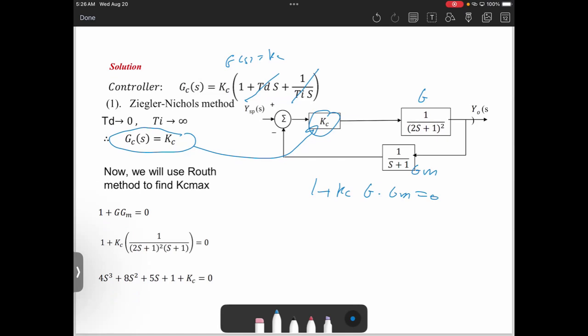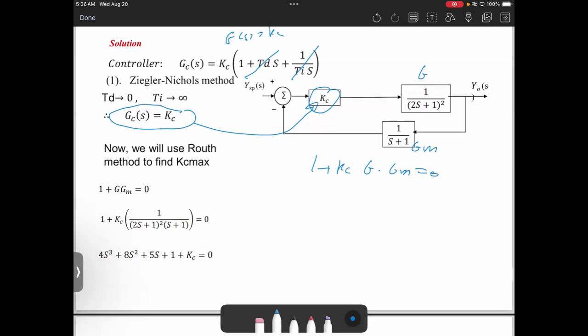It will be 1 plus Kc over (s plus 1) squared (s plus 1). Okay, did you get it? After that, multiply both terms by this one. Then this yields this characteristic equation. Now we need to do the Routh stability test to determine when the system will be marginally stable.